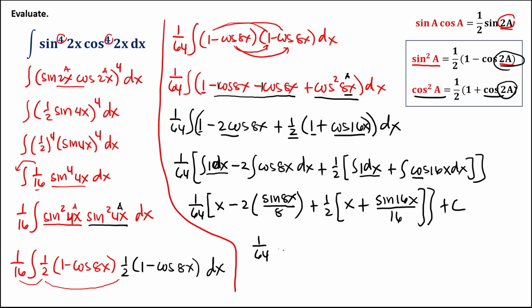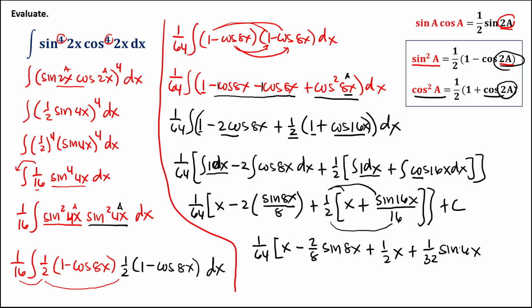Then to simplify, this is 1 over 64 times x, minus 2 over 8 sine 8x, then distribute, so plus 1/2 x, and plus, since 2 times 16 is 32, 1 over 32 sine 16x, then plus c.